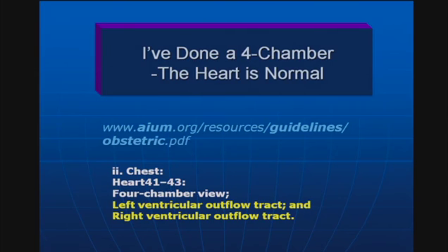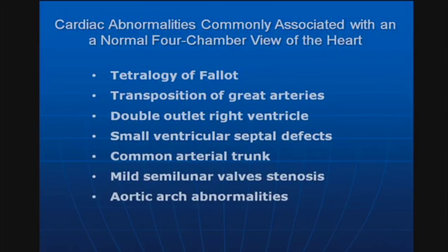The other thing that we have to do now, if we look at what is sort of a recommendation, is a guideline is to look at the left ventricular and right ventricular outflow tracts, and that just came out in the guidelines from the AIUM. Many of these abnormalities may have a normal four-chamber, or they may not.